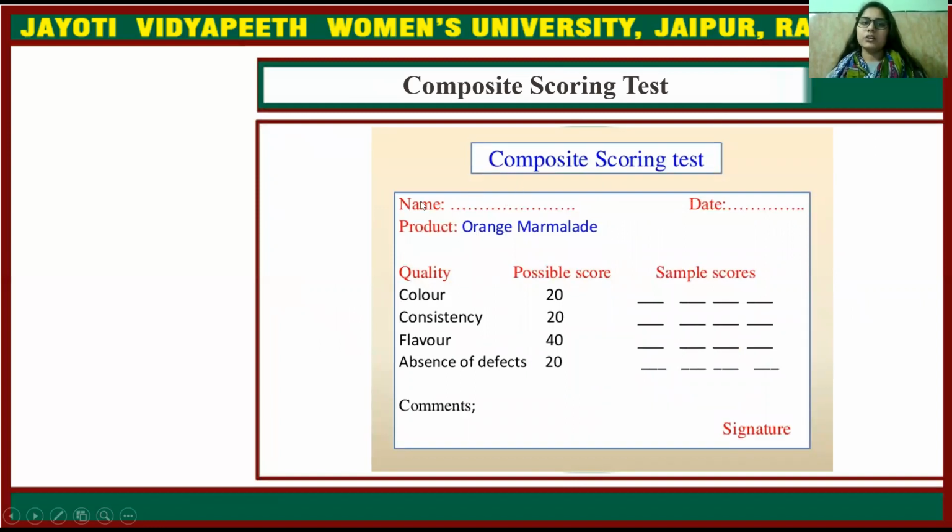In it there is the name of the panelist, the date on which the sensory analysis is done, and the product, for example orange marmalade, with quality attributes like color, consistency, flavor, and absence of defects, and possible scores of 20, 20, 40, and 20.